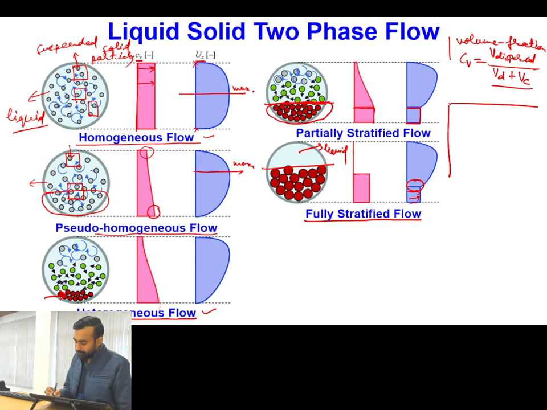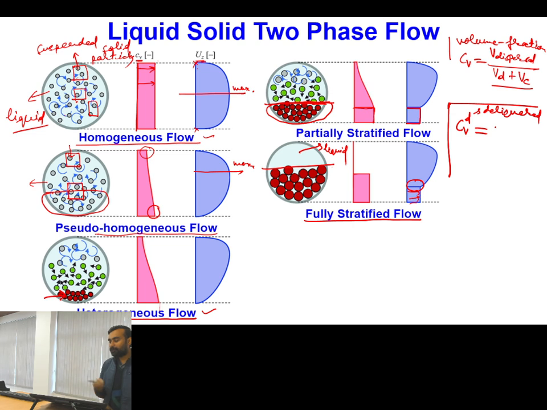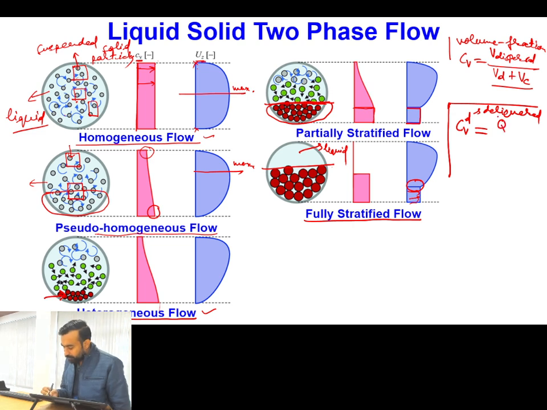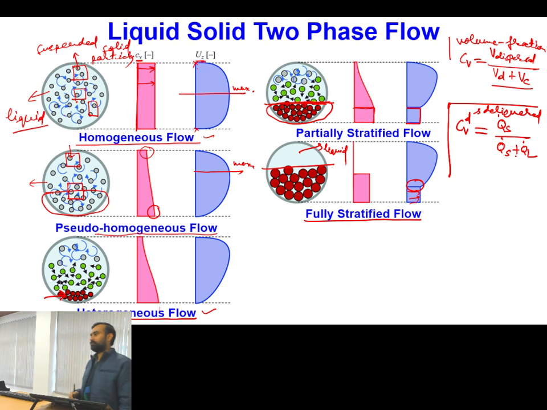Now I can also define volume fraction in another way. Let me call it C_VD, where D refers to delivered volume fraction. Let me define the delivered volume fraction for a pipeline as Q dot of solid particles divided by Q dot of solid plus Q dot of liquid.